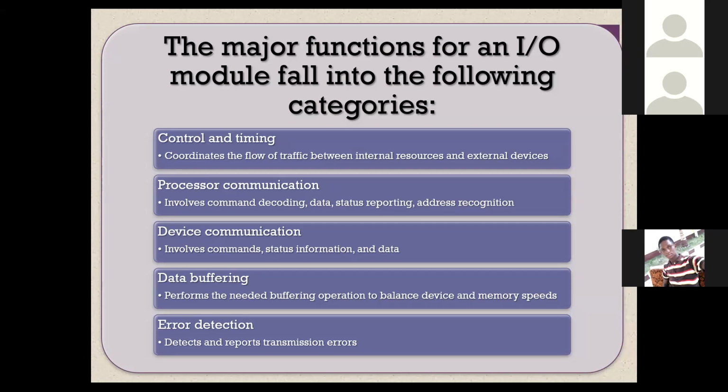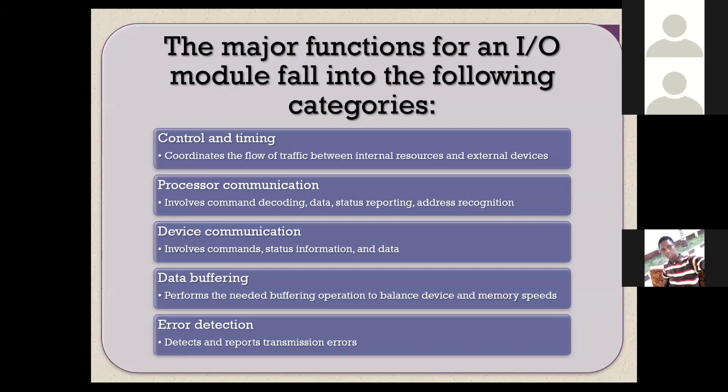For example, whereas the transfer rate into and out of the main memory or the processor is quite high, the rate is orders of magnitude lower for many peripheral devices and covers a wide range.